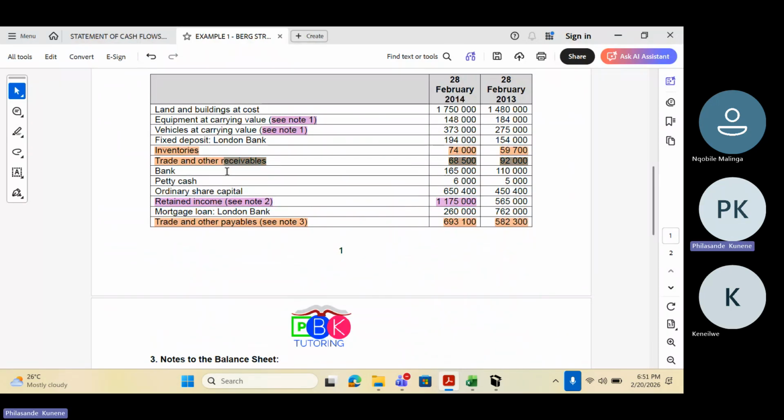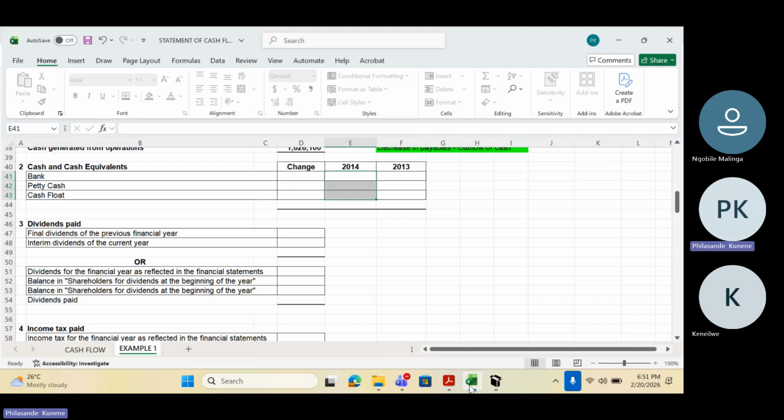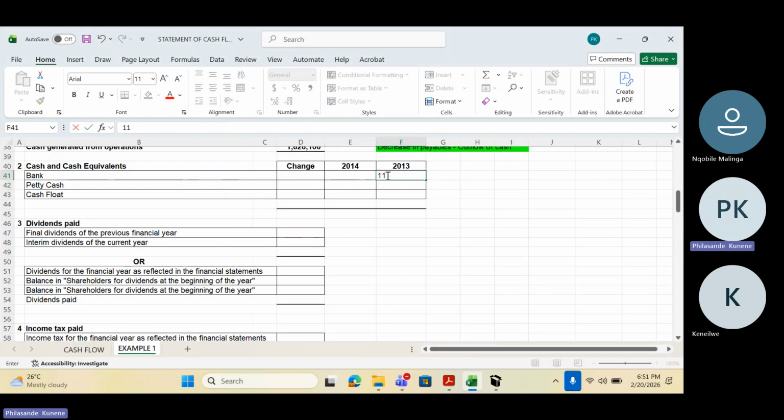There is bank here. How much? We have 165,000 and 110,000. So in the previous year it's 110,000, and in the current financial year it's 165,000.